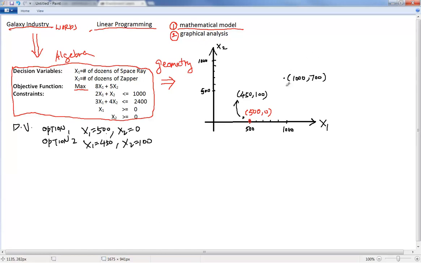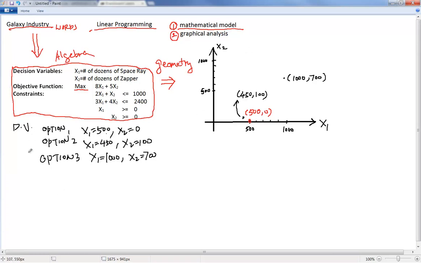So the physical meaning under the context of this Galaxy example for this point will be a production plan that produces x1 1000 dozens and x2 700 dozens. So let's say option 3. Now that is the meaning of decision variables represented in a graphical or geometric representation.